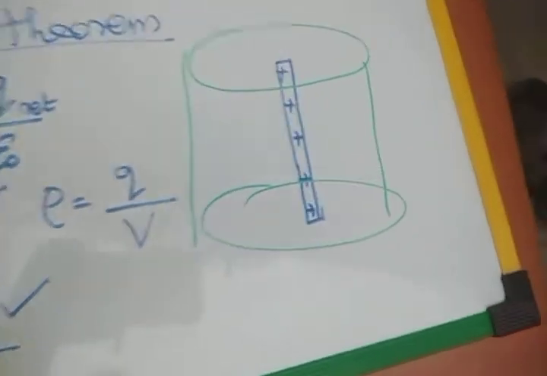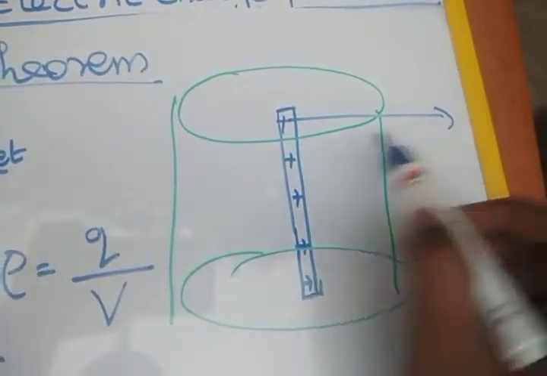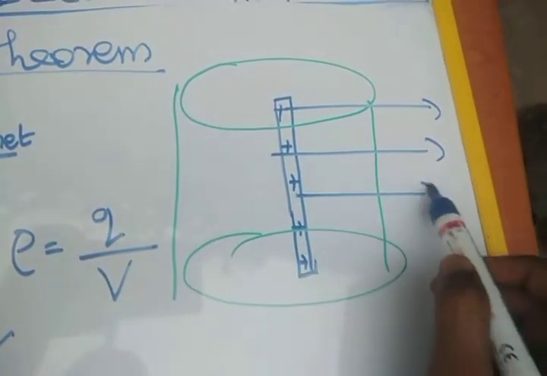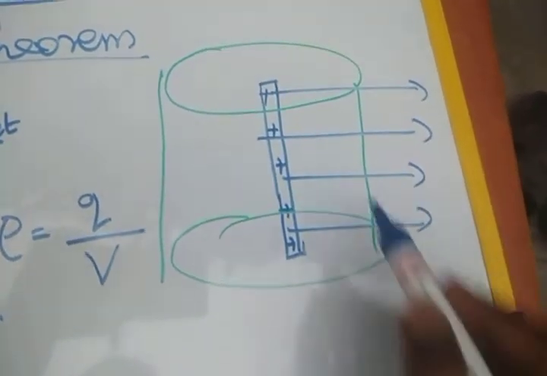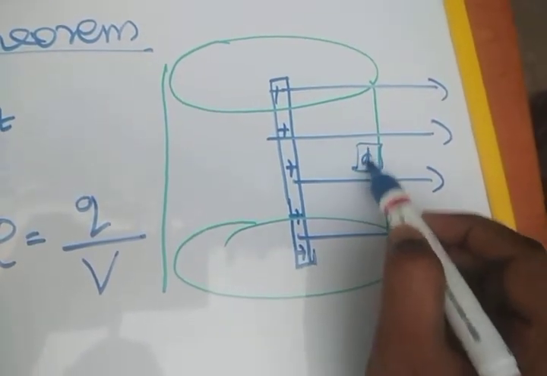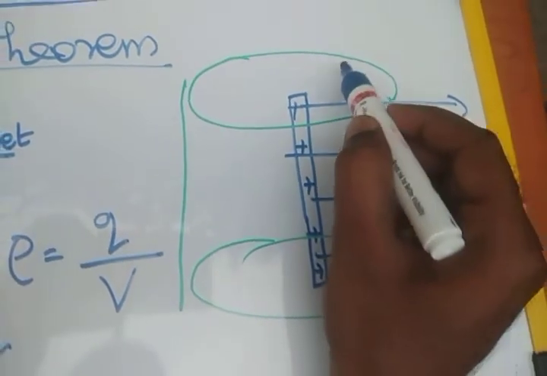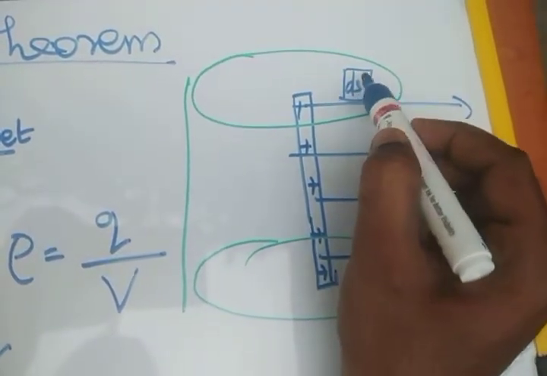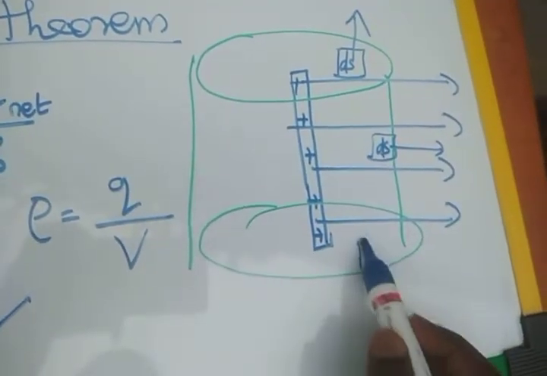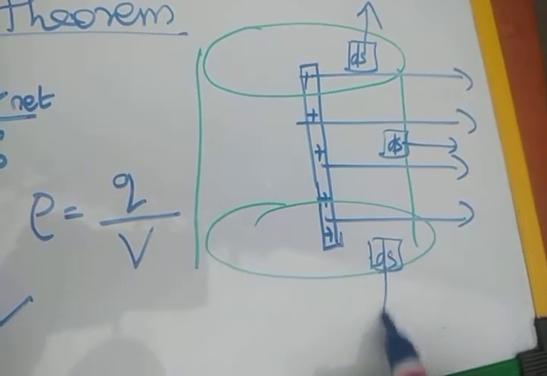The electric field lines of positive charges move outwards. Here the surface vector dS is also outwards; on the top it points upward and on the bottom it points downward.